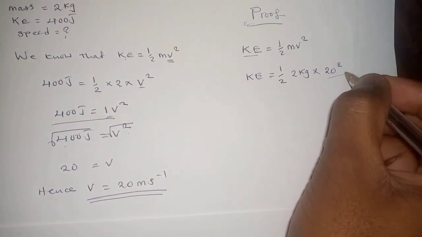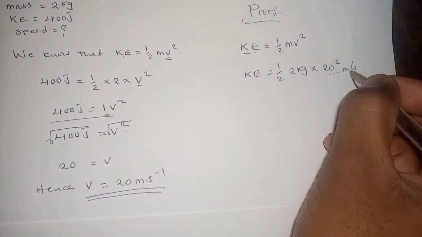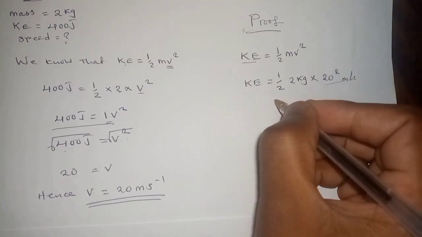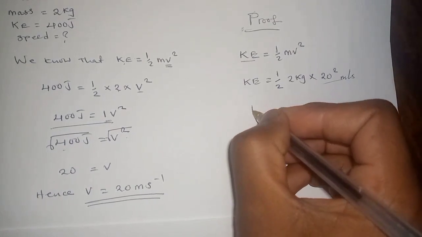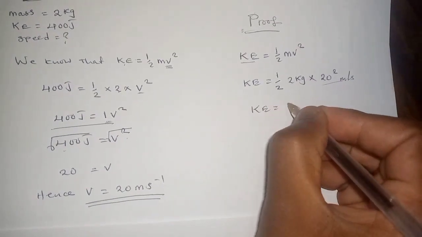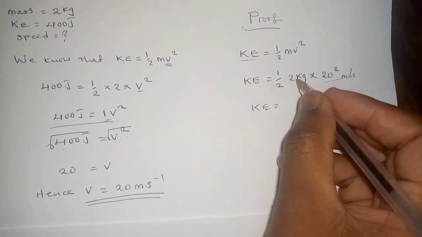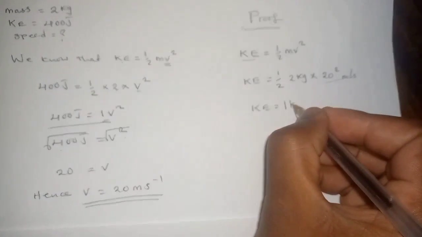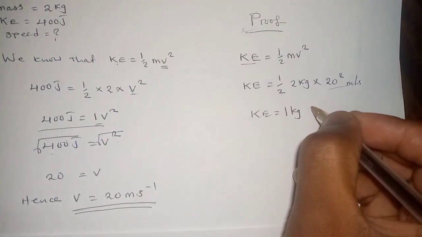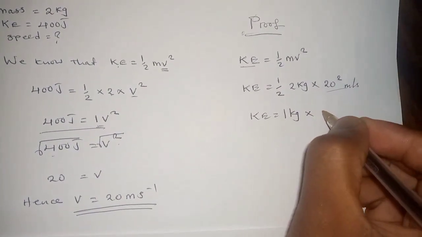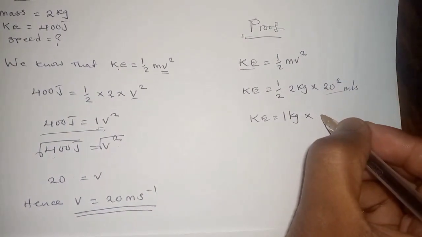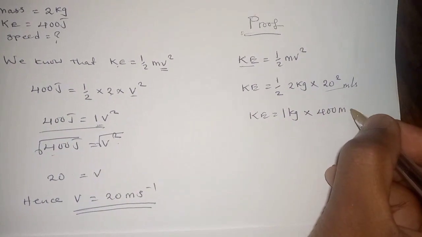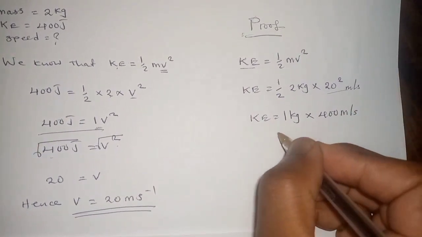The 20 is going to be squared this time around, of course. So the next step that we can do is now kinetic energy is equal to half. You know that this now will give us 1, so that will be 1 kg multiplied by, what is 20 times 20? That will be 400 meters squared per second squared here.